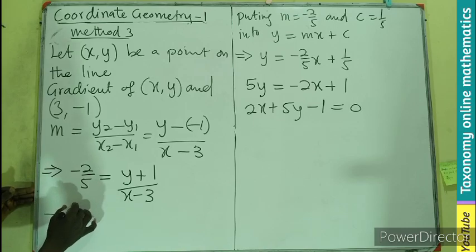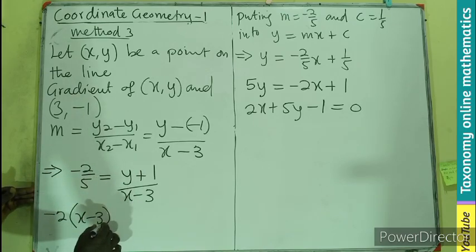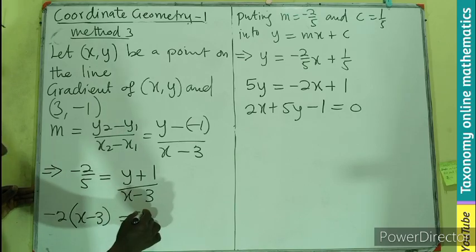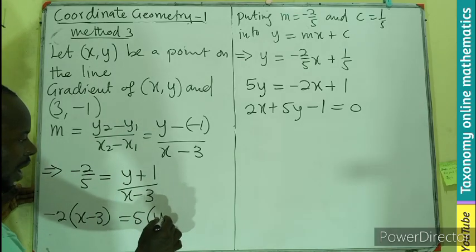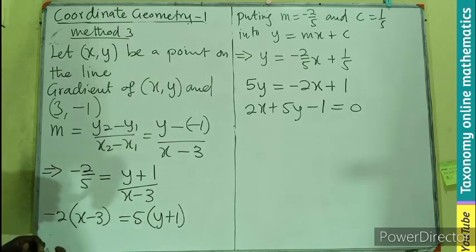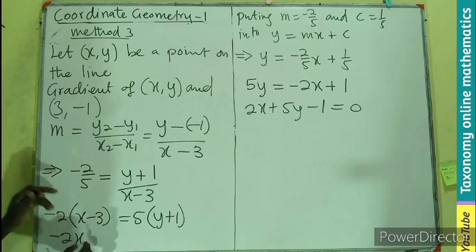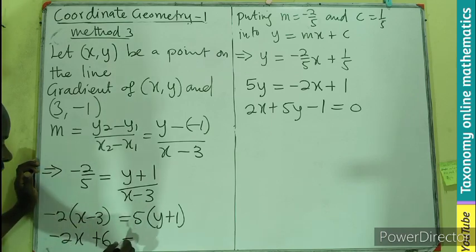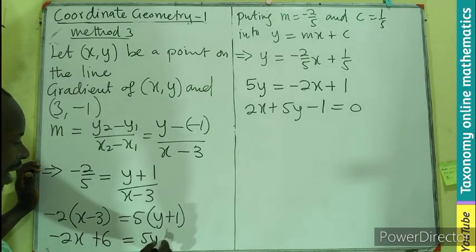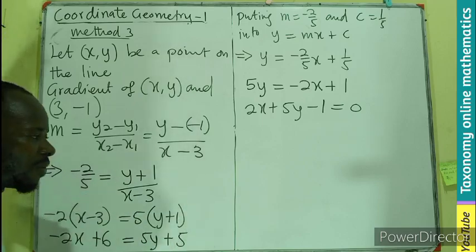The negative 2 will multiply this, x minus 3, right? 5 will also multiply y plus what? 1. So what we need to do is to expand. Negative 2 times x, negative 2x. Negative 2 times negative 3, positive 6. 5 times y, 5y. 1 times 5, 5.